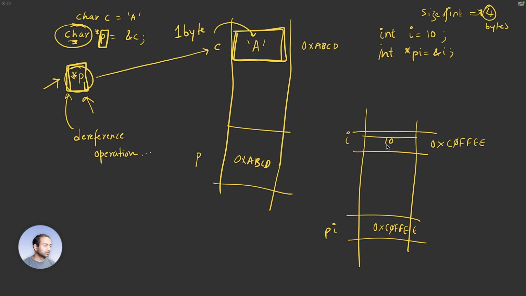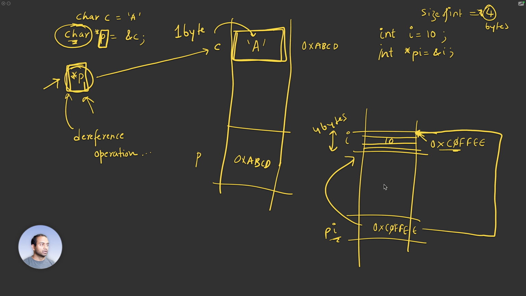Now note that the starting address would be this, meaning this address is this number, but the I itself spans 4 bytes, right? And so when pi is the pointer pointing to the I, meaning actually it's pointing to the first byte of I, when we do something like so, it is understood that we are supposed to go to this memory location and then read 4 bytes from there.